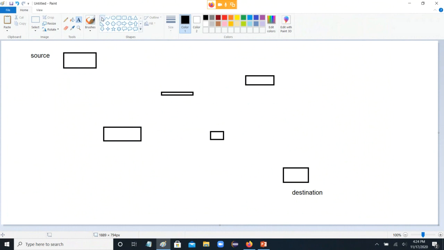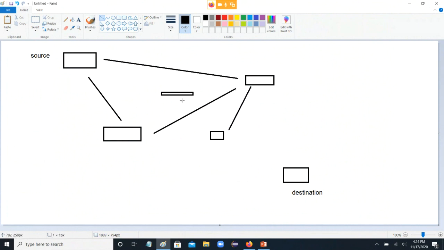And these are going to be some intermediate devices. Worried about how the things get there. Okay, but we recognize that there are different paths to get places in the network.